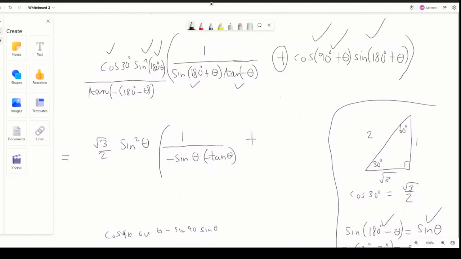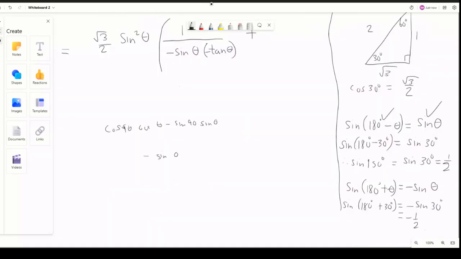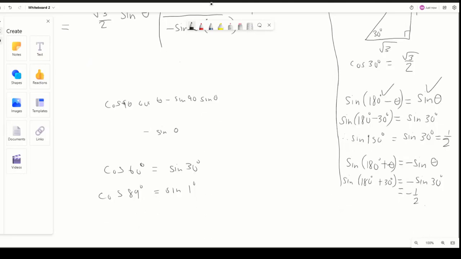Cos and sine are co-functions. Okay, they are co-functions. Look, they add up nicely to 90. 60 plus 30 is 90. If you say to me cos 89 degrees is the same as sine of 1 degree, right? If you say to me sine of 45 is the same as cos 45 degrees, right? 1 over square root of 2.